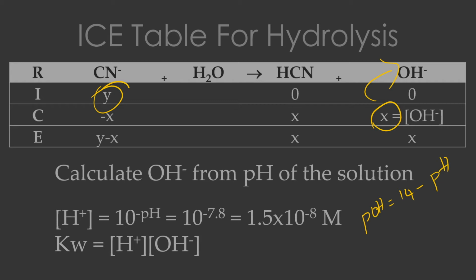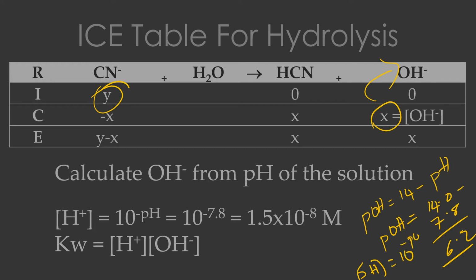That gives pOH = 14.0 − 7.8, which is 6.2, which means the OH− concentration is 10^-pOH. We may also use this, but I'm using an alternate method where I'm going to use Kw = [H+][OH−].